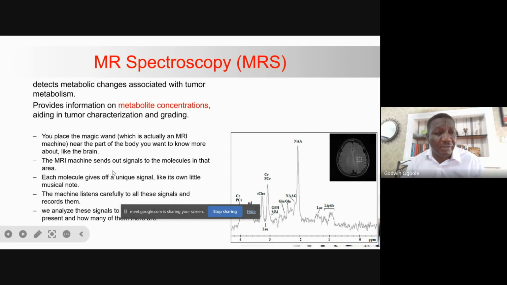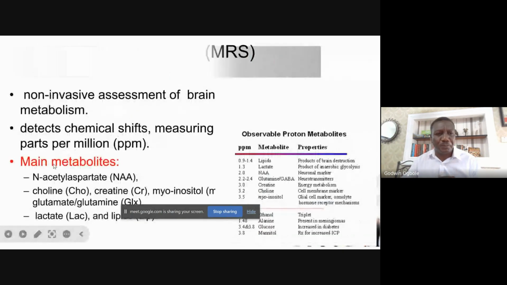MRI spectroscopy works in a very simple way. You send a signal, and certain metabolites respond to that signal and vibrate. Once they vibrate at a particular frequency, the computer picks it up and tags it. You can look at it on a spectral pattern and demonstrate the various chemical constituents in a particular tumor.